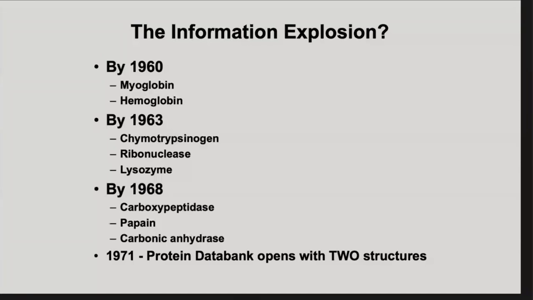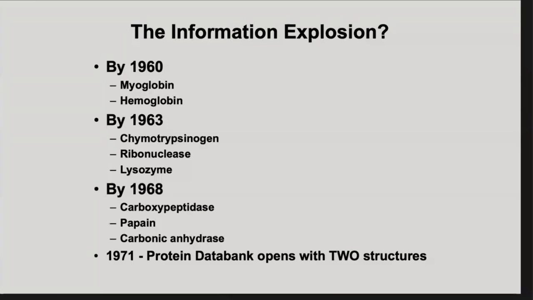For some reason, they decided to create this protein data bank there. It was a repository for data on the 3D structure of proteins. And when they first opened it, it literally had 2 protein structures in it. I haven't checked lately. I think they're up to 500,000, 800,000. It's a lot of 3D protein structures that you can find at this database.